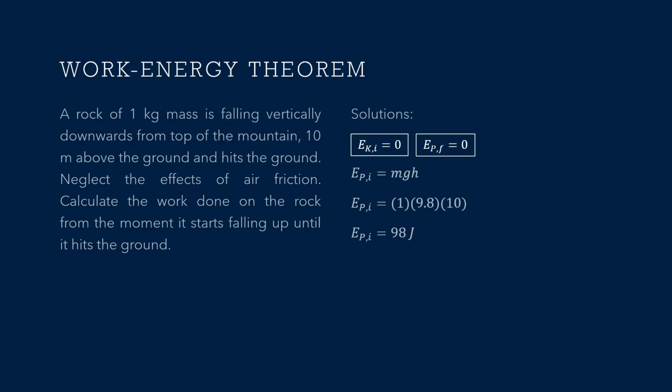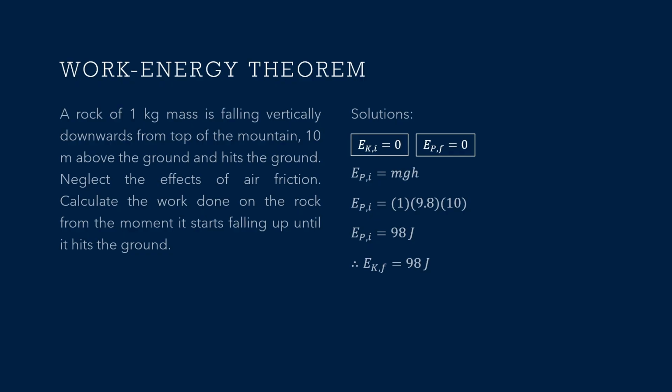But we know that because gravity is a conservative force, it will transfer this energy into another form of energy. Because the rock started moving and a moving object has kinetic energy, this potential energy will be converted into kinetic energy. And hence, the final kinetic energy of the rock will be 98 joules.